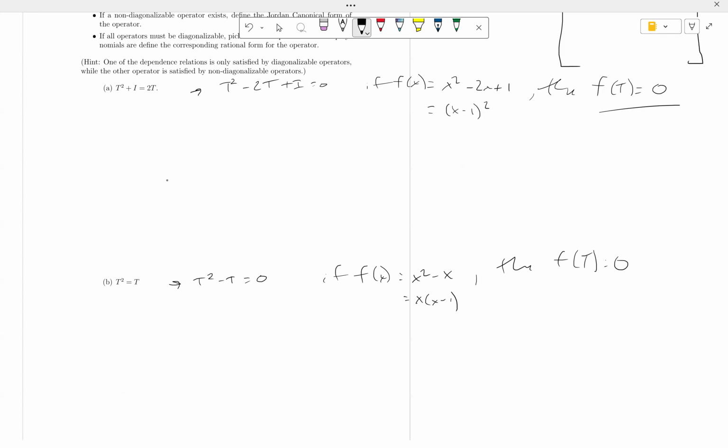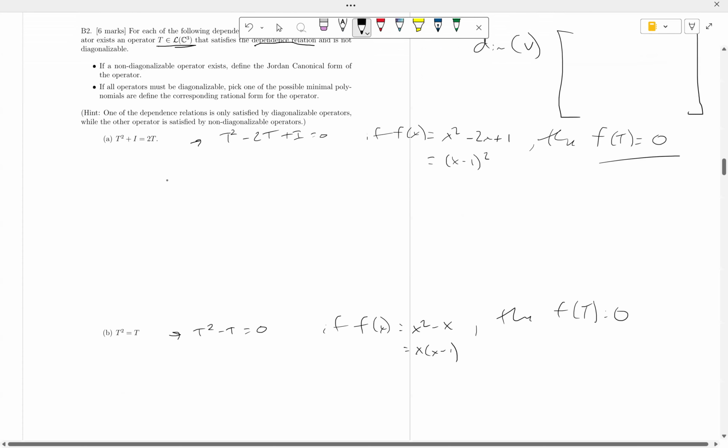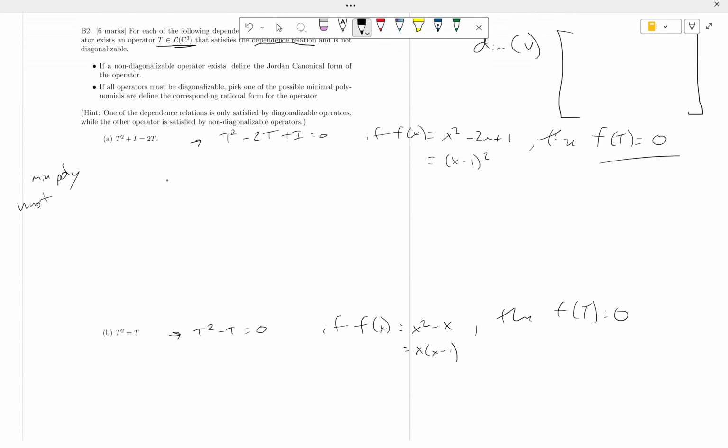And this is x minus 1. Now, the key with this is that the minimal polynomial, the min poly, must divide f. So here, the minimal poly could be x minus 1 or x minus 1 squared.